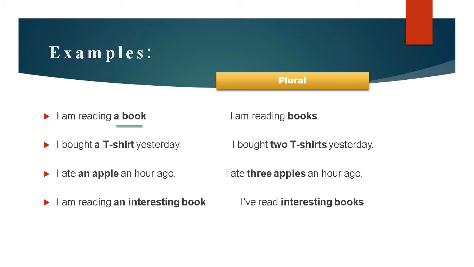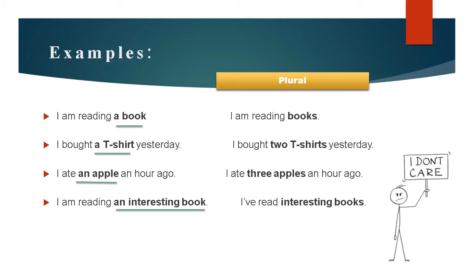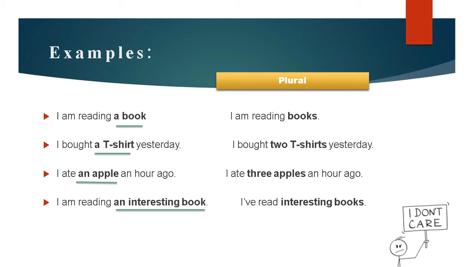So هنايا when I read just one book, one t-shirt, one apple, one interesting book, سبقت لهم the article سواء a or an. Okay? It means here I don't know which book ولا which t-shirt ولا which apple exactly I'm talking about. It's just an apple. إنها مجرد تفاحة or a book. Okay?